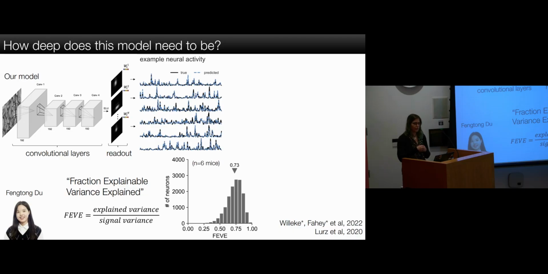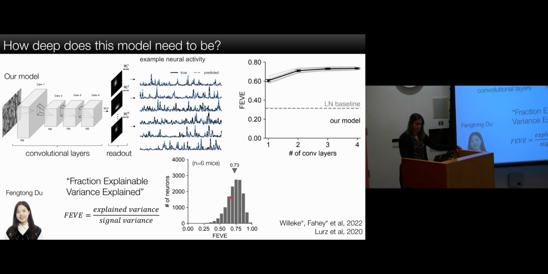So each neuron has some amount of variance that's repeatable across trials, and we normalize by that. Basically, that's how much variance we expect to explain for each neuron. So for noisier neurons, there's less signal variance to explain, and that's why we normalize by this term. But basically, the punchline is we can explain about 73% of the explainable variance, like what variance is related to the stimuli in the population.